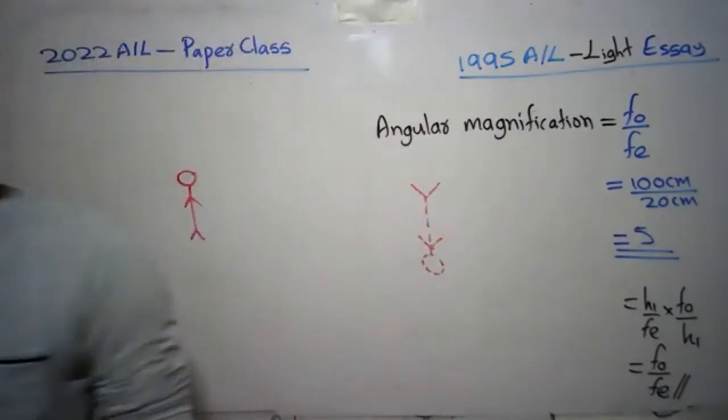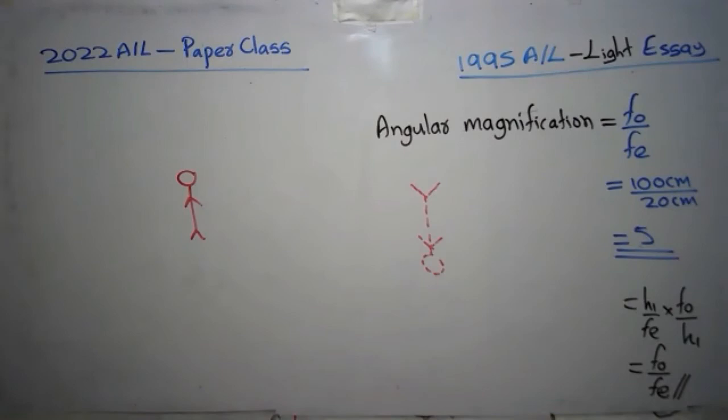Let's read the question further. Later, he has converted the instrument into a terrestrial telescope in normal adjustment by placing another convex lens of focal length 8 centimeter between the objective and the eyepiece, while keeping the distance between the objective and eyepiece as short as possible.